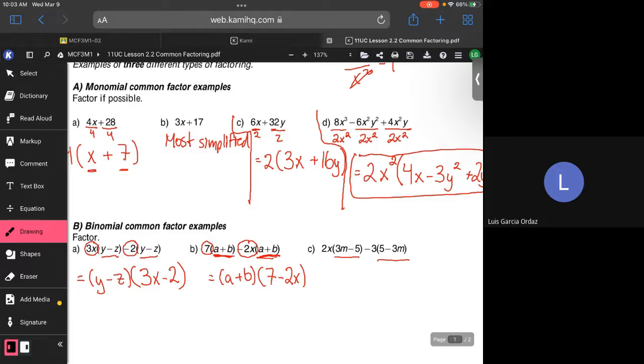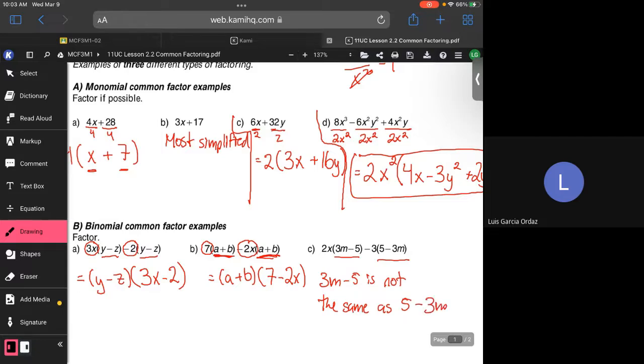Okay, and for question C, are my brackets the same? No, they're not the same. Why aren't they the same? So 3m minus 5 is not the same as 5 minus 3m.